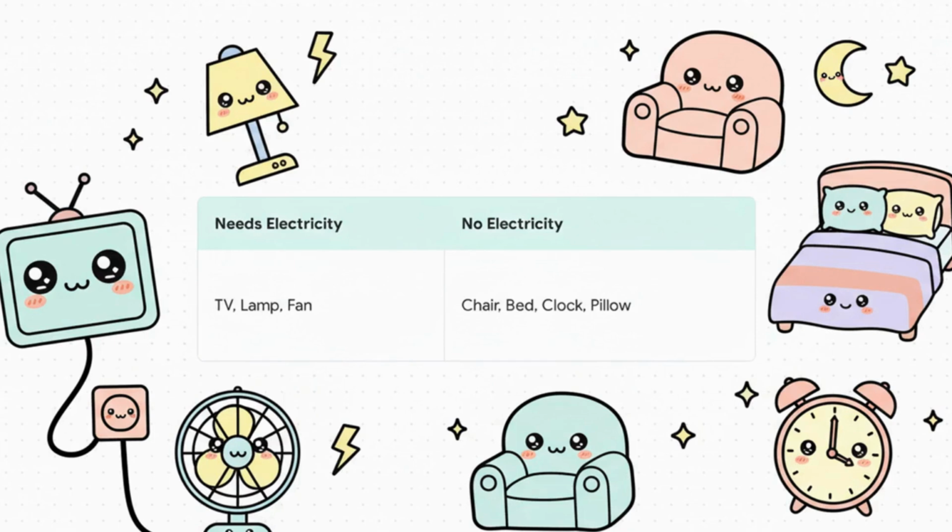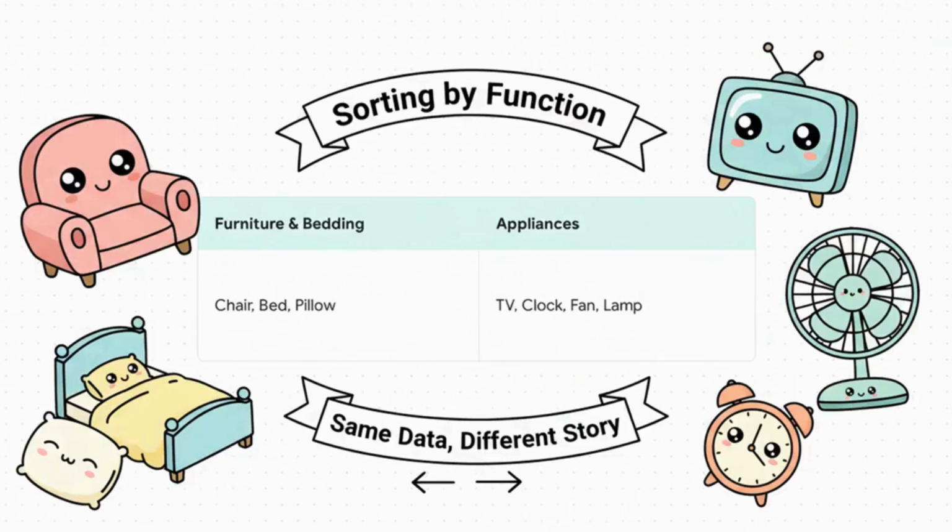It's a simple, logical split. But hold on, we can sort those exact same items by what they do, by their function. Now the chair, bed, and pillow are together as furniture and bedding, while the TV, clock, and fan are all grouped as appliances. See that? Two different stories from the exact same data. The rule you choose is everything.